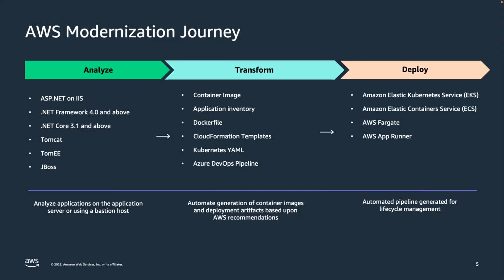Once the inventory information is complete and includes only the applications that are required to be transformed, apt2container will extract the binaries from the application server and then modernize it.